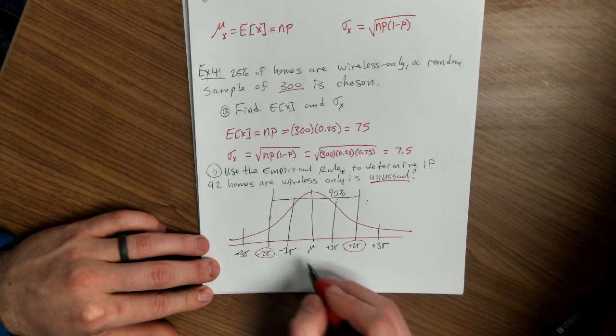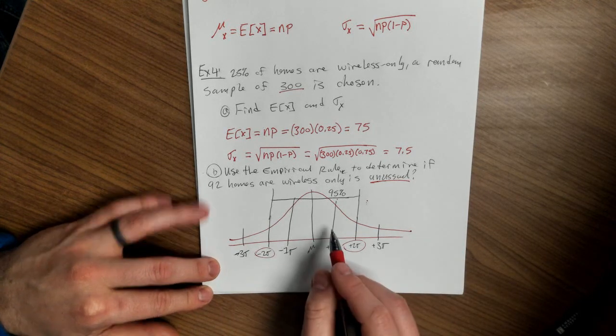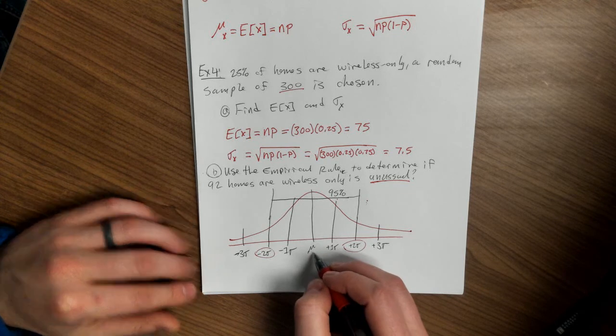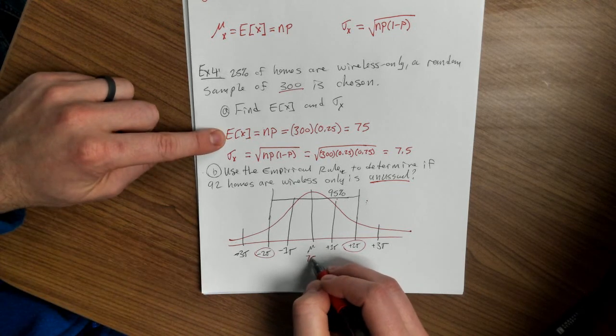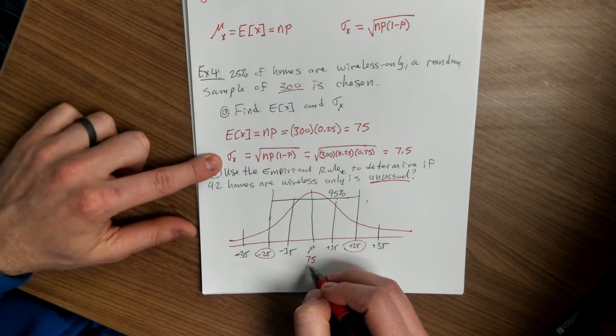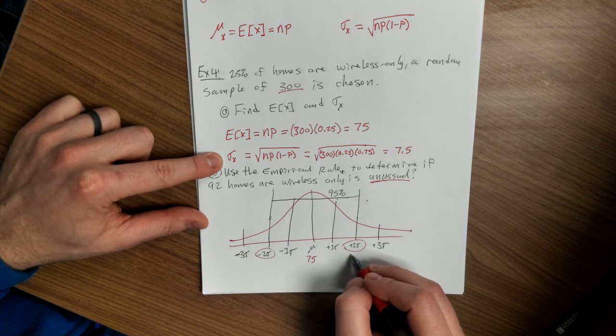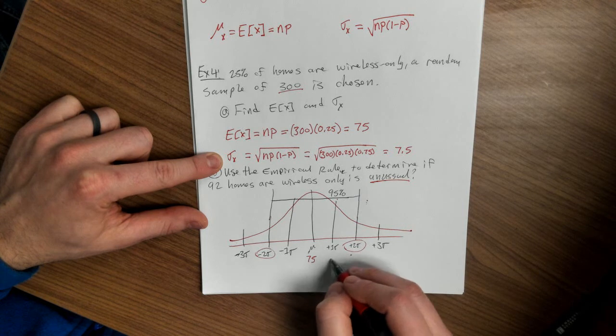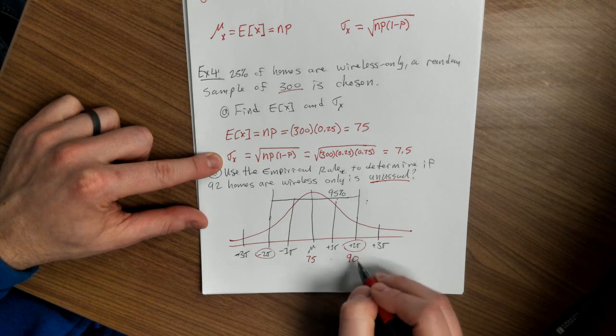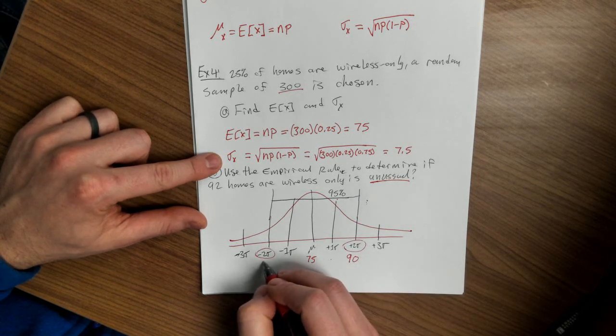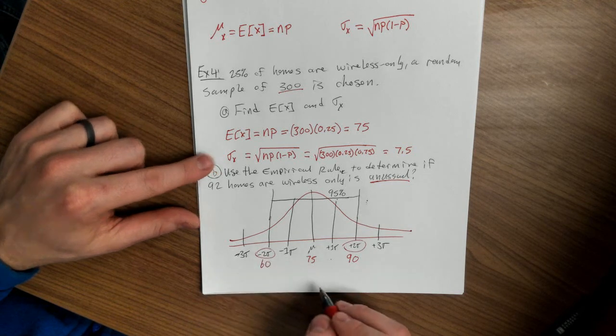So what we need to do is populate these values to see where these 92 homes lie. The mean we just found to be 75, and the standard deviation is 7.5. So if I come out to 2 standard deviations, I'm just adding 7.5 plus 7.5. This is 90, and over here minus 2 gives me 60.